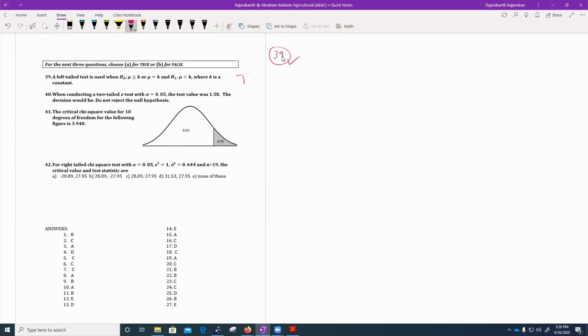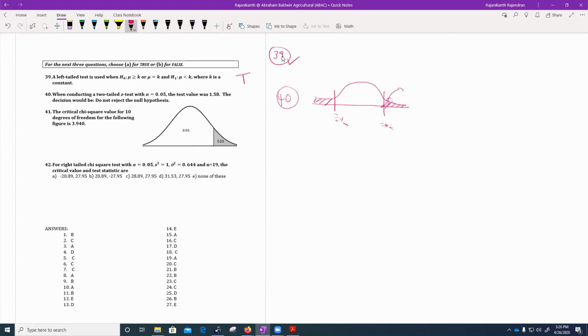When conducting a z-test with alpha 0.05, the test value was 1.58. Okay, remember? So when you perform a two-way test for z-test, of course, this is my z alpha over 2, and this is my negative z alpha over 2.